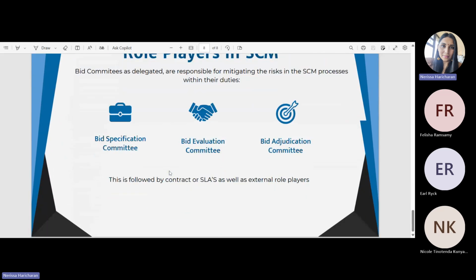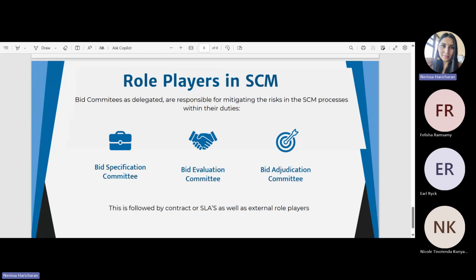And then the different role players in the supply chain. So your bid specification committee, evaluation and adjudication committee, and this role player part is the one that comes up predominantly when we're looking at it from an assignment or an examination perspective.